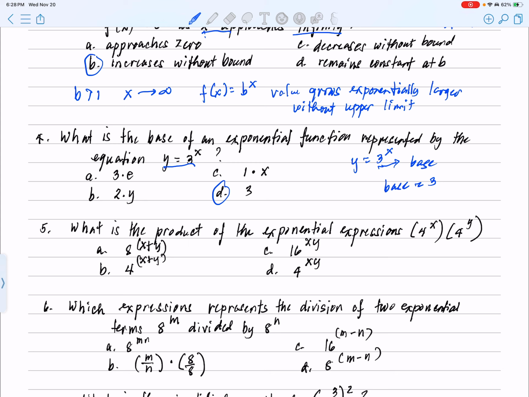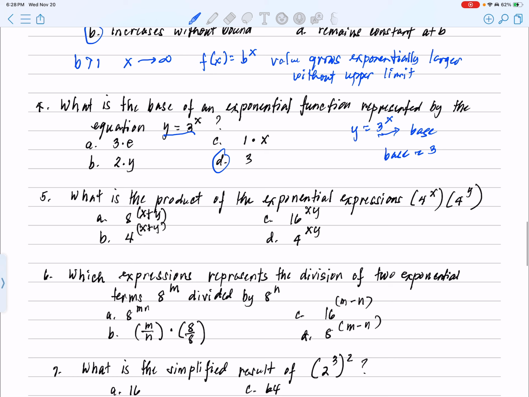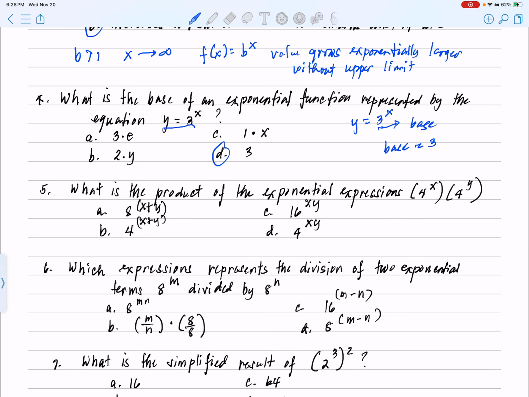When multiplying two expressions with the same base, remember the power property. You add the exponents. So if our base is 4, and our exponents are x and y, we're going to add the exponents, x plus y, and keep the base as 4. That's the power property rule. So our answer here is letter B.